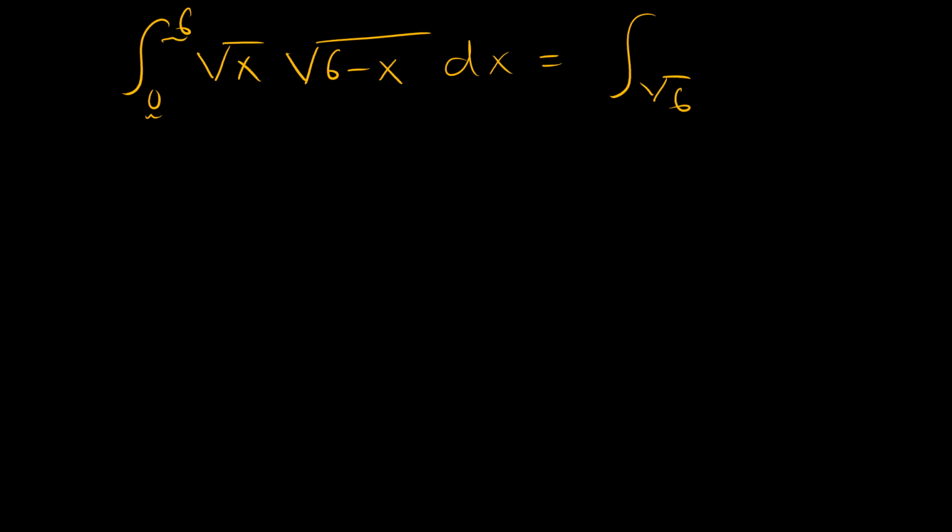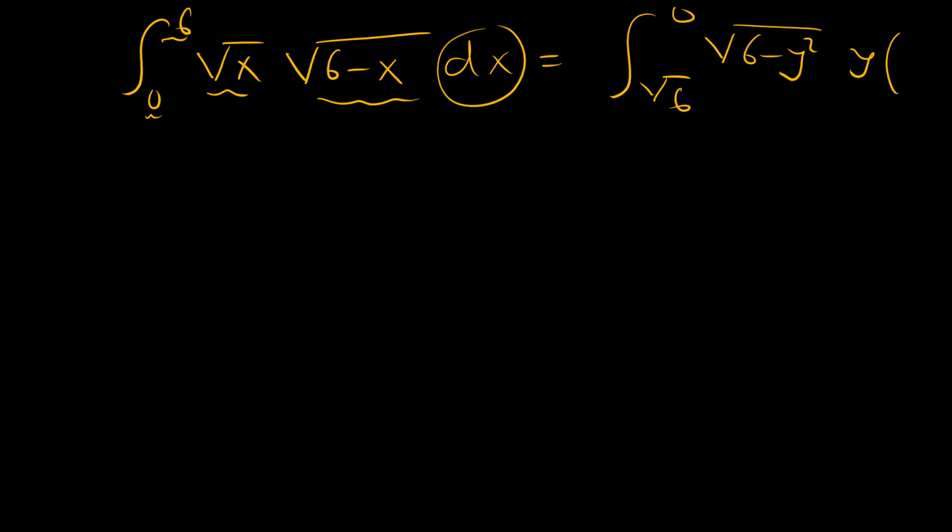At this point here we have 0, and then square root of x is the same as square root of 6 minus y squared, and this part here is simply y, and the dx here is negative 2y dy.